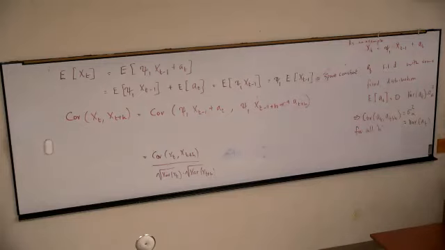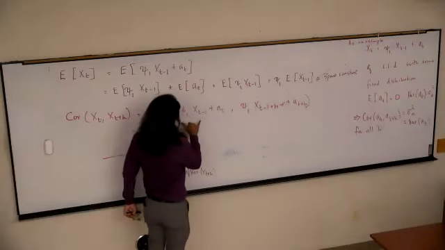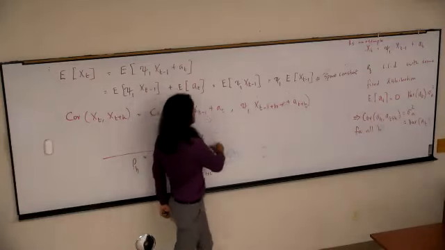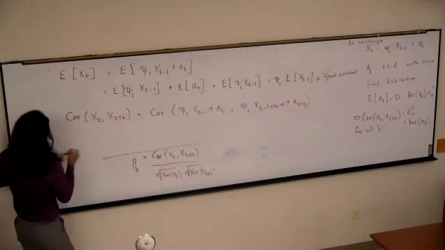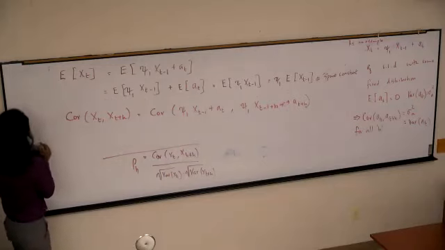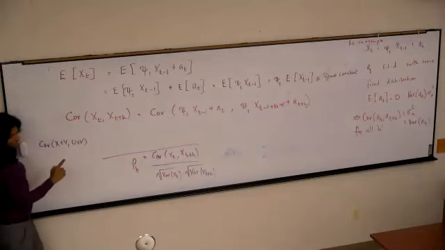Those who took 3162, hopefully it comes back to you. If I have covariance of x plus y, u plus v, side note, I really don't want to throw in a whole bunch of constants, so I'll keep it simple.